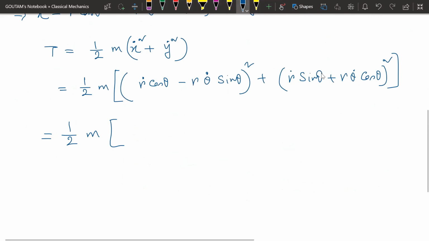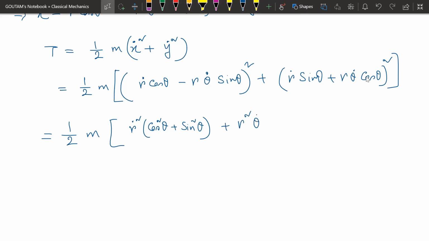So this is cos square theta plus sine square theta. Squaring the terms, we will get r square theta dot square sine square theta, and r square theta dot square cos square theta. If we take r square theta dot square common, we get sine square theta plus cos square theta.